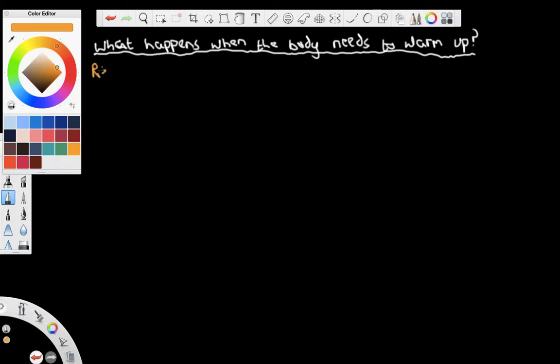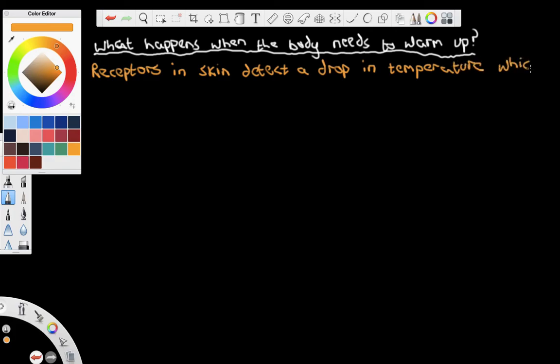So we can say receptors in the skin detect a drop in temperature, which send messages to the heat gain center.